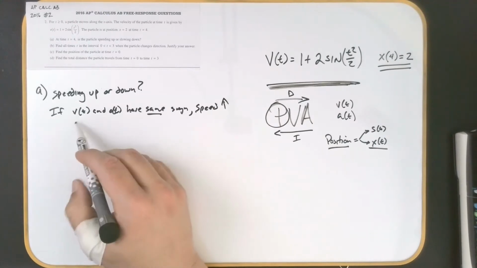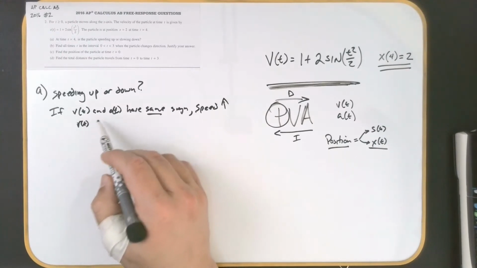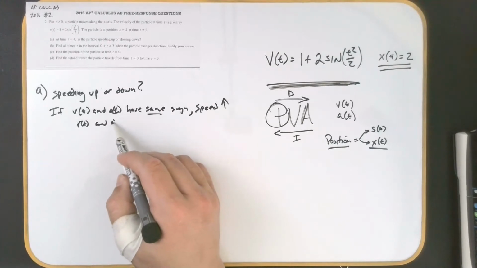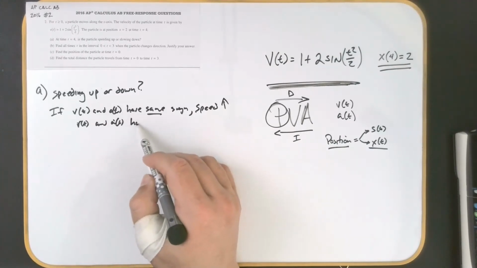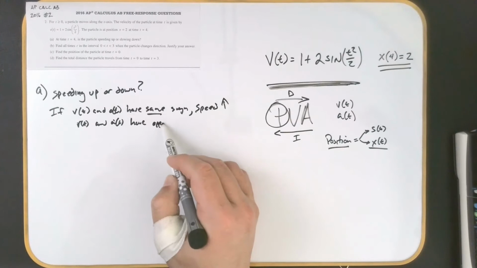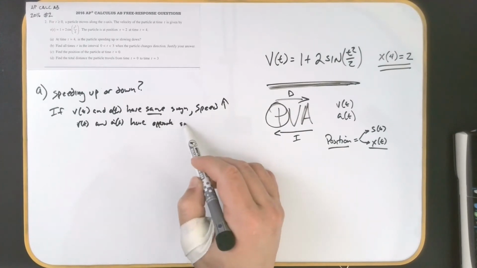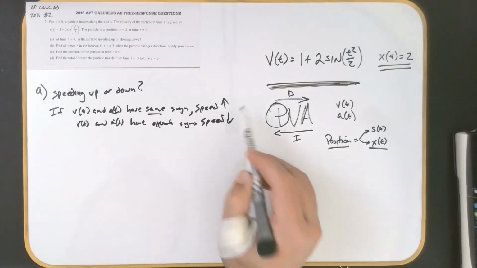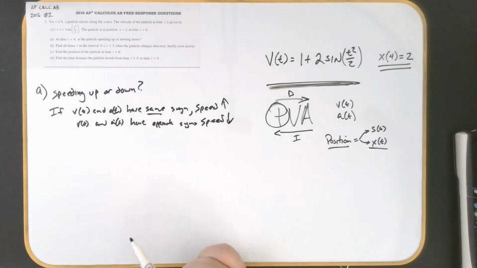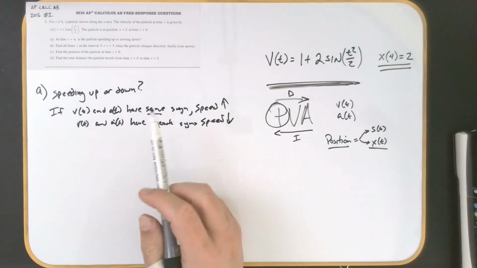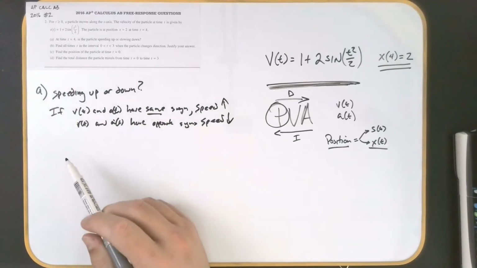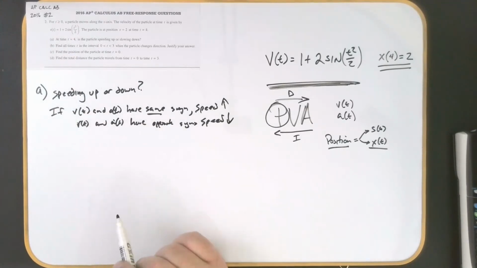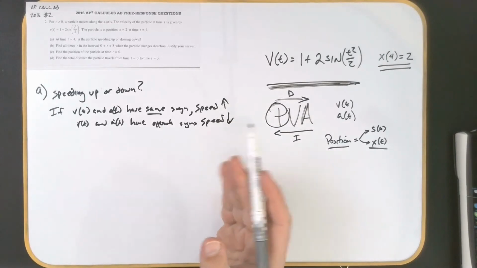If these have different signs, if velocity and acceleration at the given time have opposite signs, then speed is decreasing. And that's all this question is asking about. So do you know what to do, which would be find the velocity at time equals 4, find the acceleration at time equals 4, and see if they have the same sign, and then answer the question.